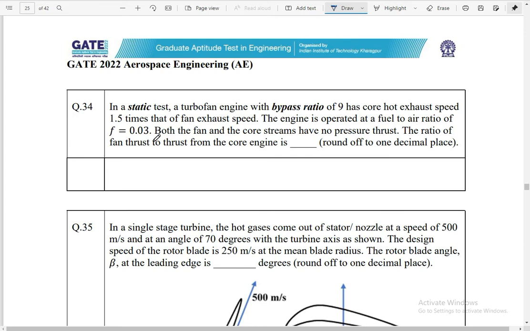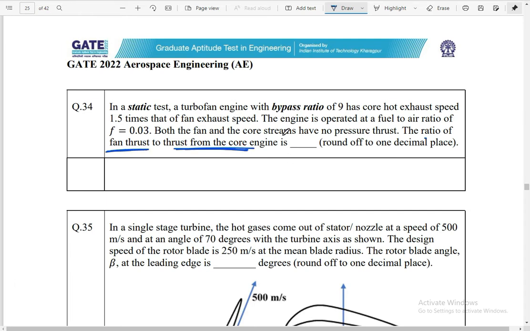Both the fan and the core streams have no pressure thrust. So we have to find the ratio of fan thrust to the thrust. What is fan thrust? It is the cooling stream, and the thrust from the core engine is the hot thrust.